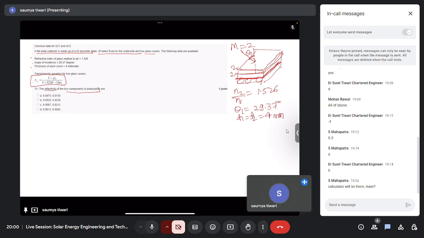Now in the question it has been asked the reflectivity of two components of polarization. So what has been asked is your rho 1 and rho 2, right?